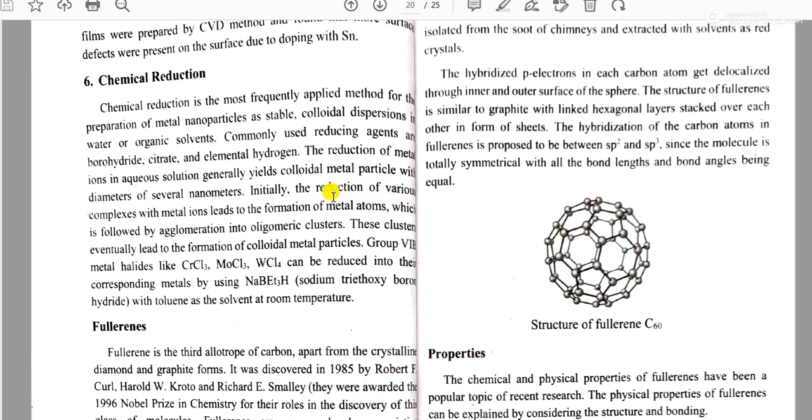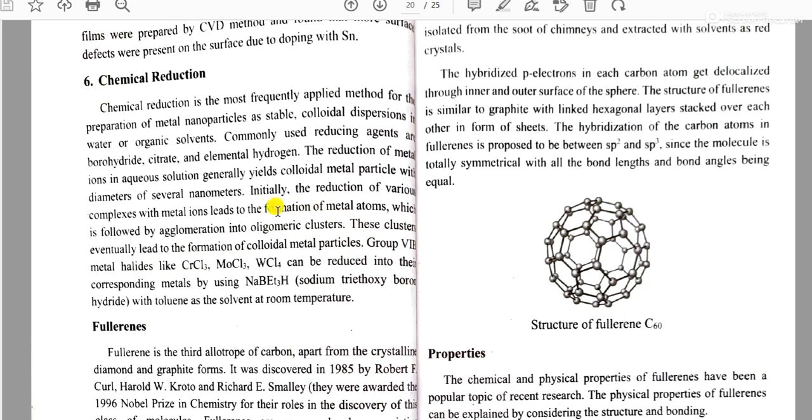So initially we are getting these metal atoms, but metal in atomic form is not stable. So it will agglomerate and form small oligomeric clusters. That is, clusters means a group of only a few atoms. So these clusters eventually lead to the formation of colloidal metal particles.